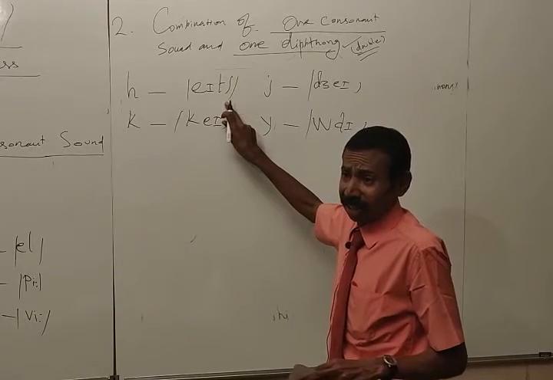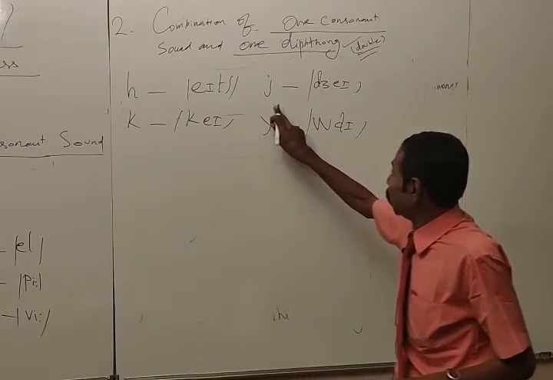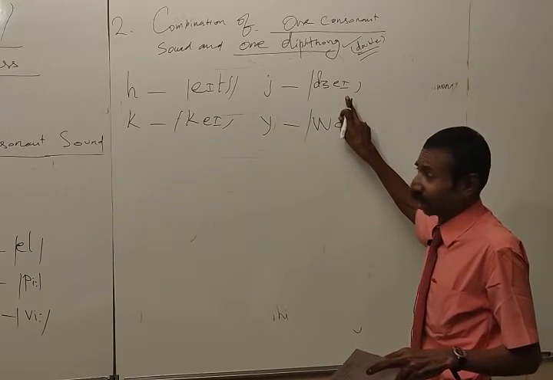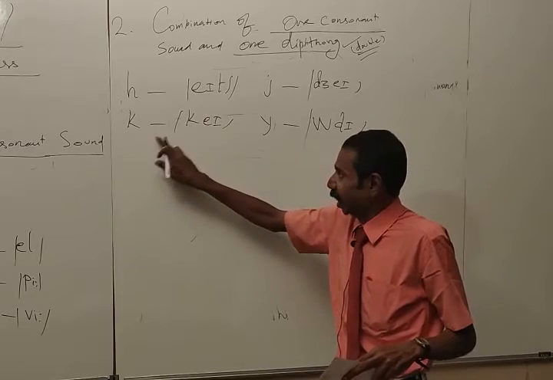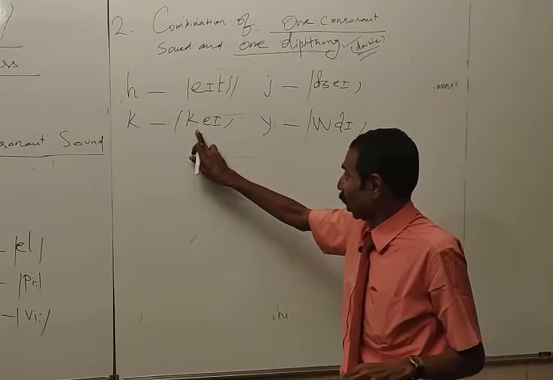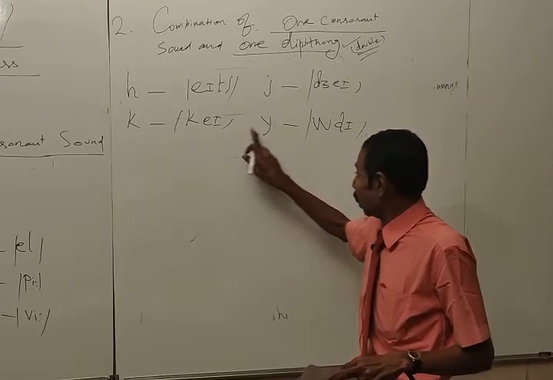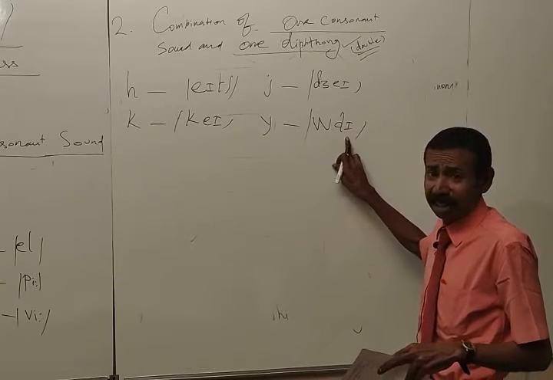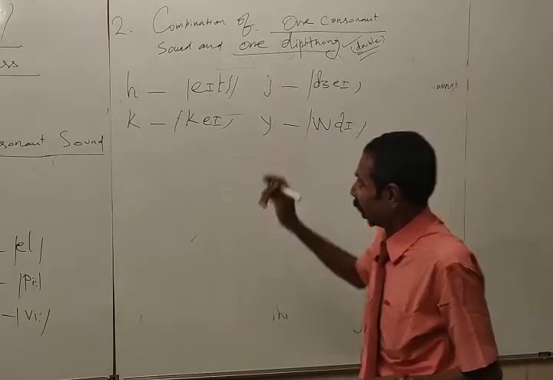J, consonant followed by a diphthong. K, consonant followed by a diphthong. Y, consonant followed by a diphthong. This is the second division.